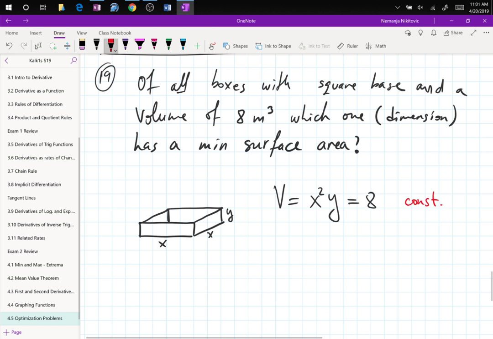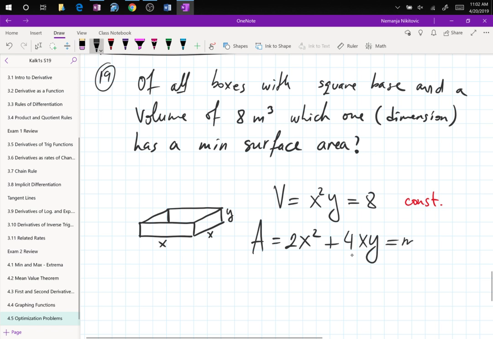Now, how about my surface area? Well, we are sitting in a box right now, right? You have a floor and a ceiling, and you have 4 walls around, 6 sides. So surface area is 2 times x squared for a floor and a ceiling, plus 4 sides that are all the same, because you always have x on the bottom and y as a height.